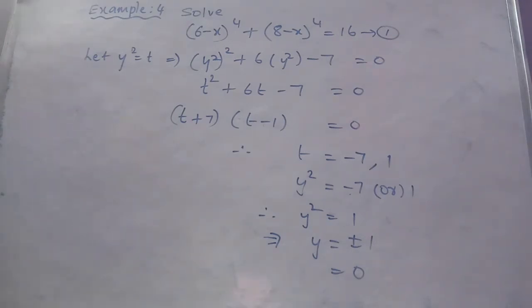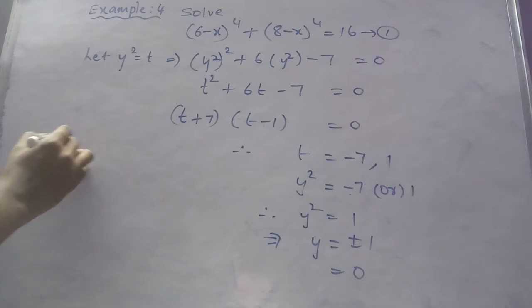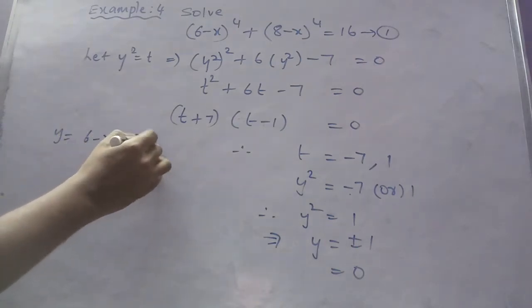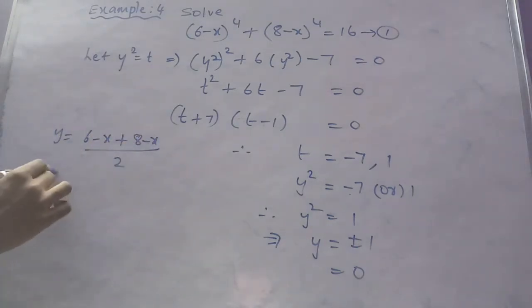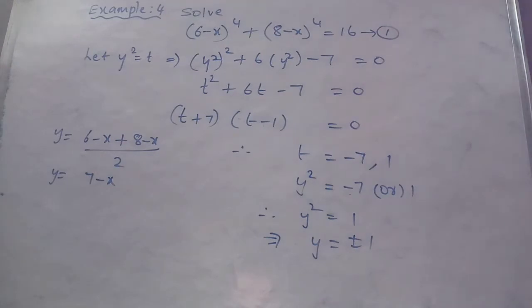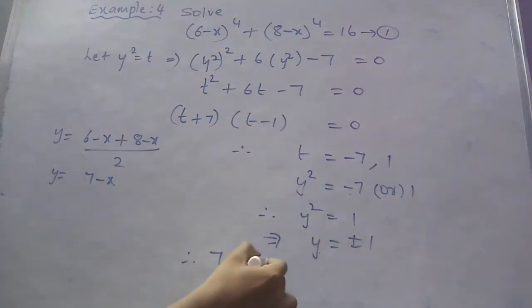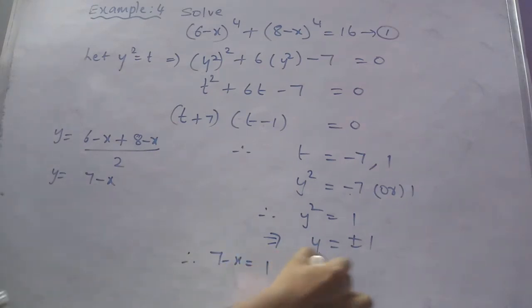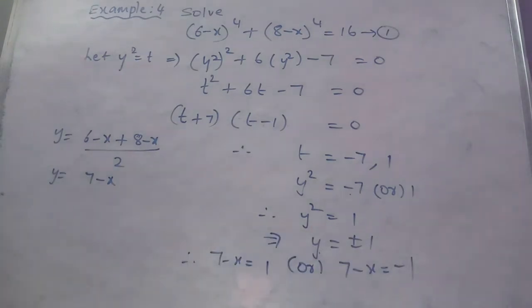At the start we took y equal to (6 − x + 8 − x)/2. Do you remember this? Where y is equal to 7 − x. So please substitute that: 7 − x = 1, or 7 − x = −1.